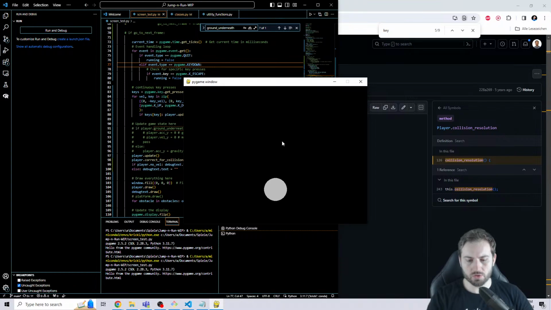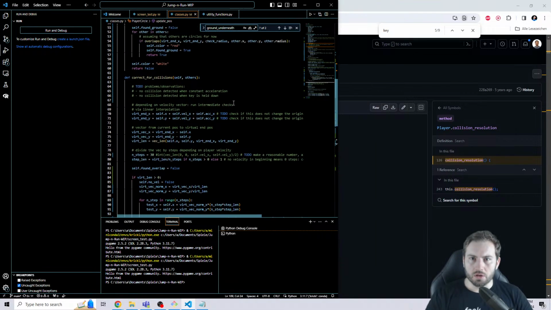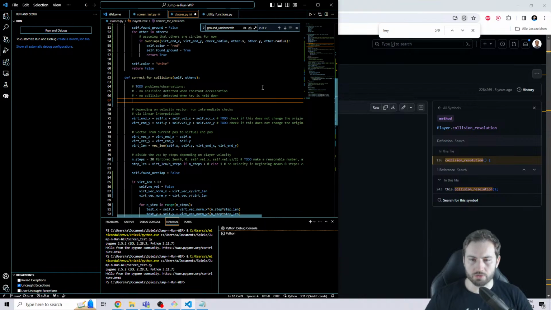Okay, let's also write this in the observations of the collision correction. So we have adjustment also is difficult to predict intuitively.